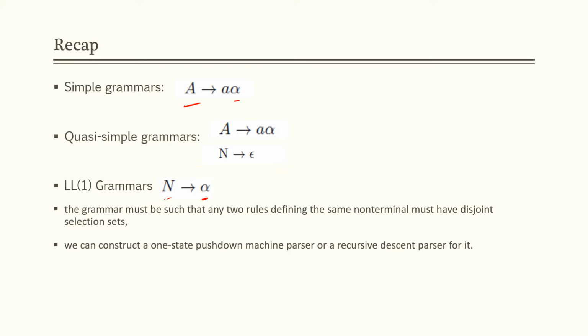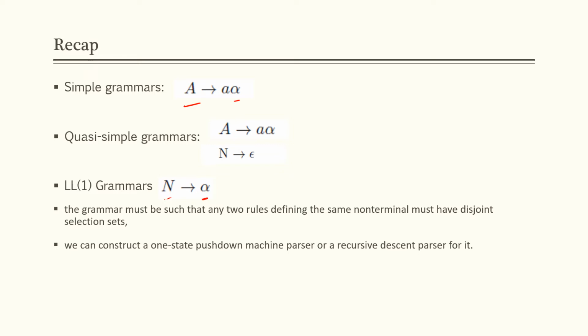For an LL1 grammar, the grammar must be such that any two rules defining the same non-terminal must have disjoint selection sets. This is quite similar to simple and quasi-simple grammars. It means that they have different selection sets.